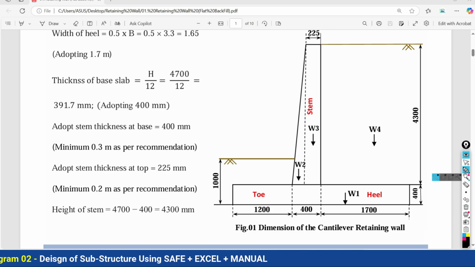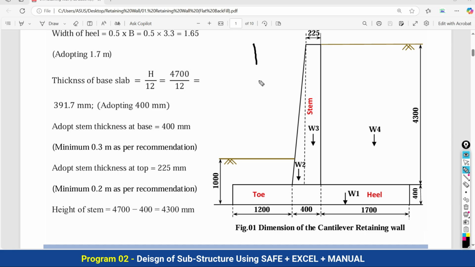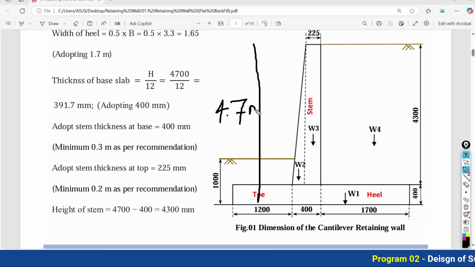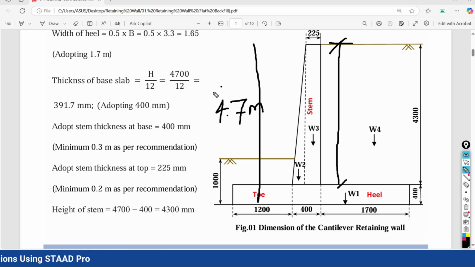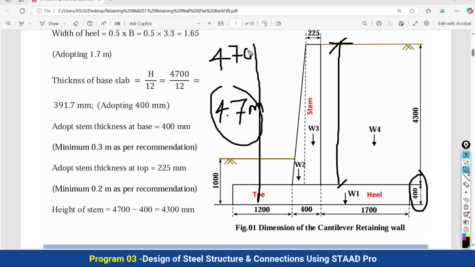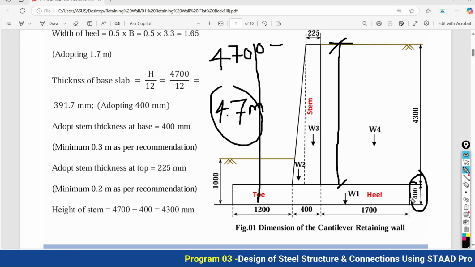Finally, as we know the overall height or depth of your cantilever retaining wall as 4.7 meter. Now I want to calculate stem height. So it's very simple. 4.7 minus 400 mm. Okay, 4.7 means 4700 mm minus 400 mm.